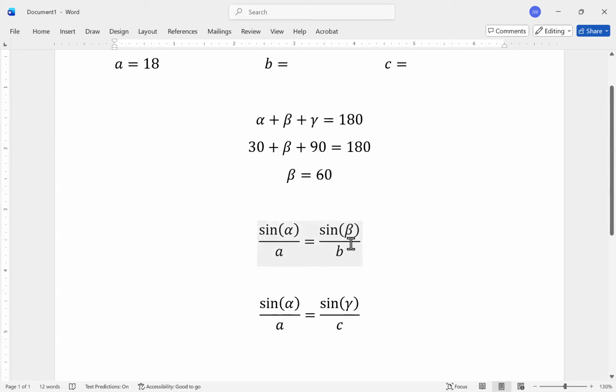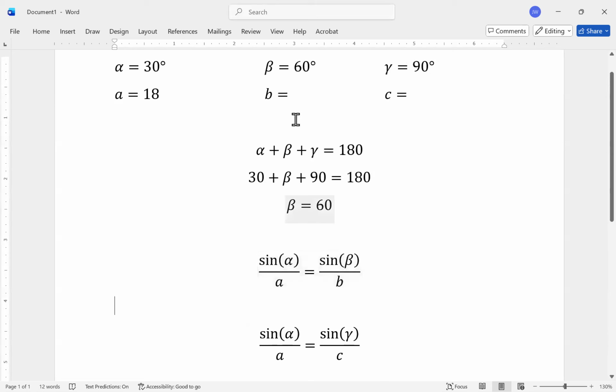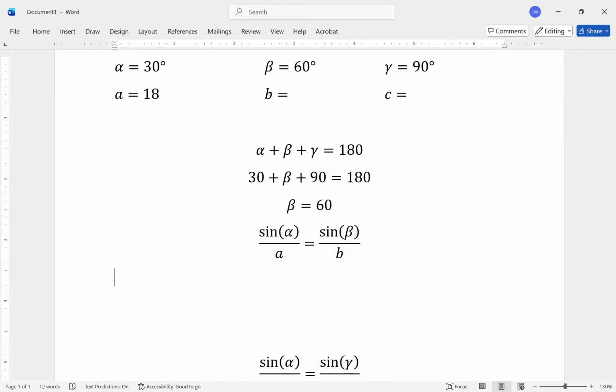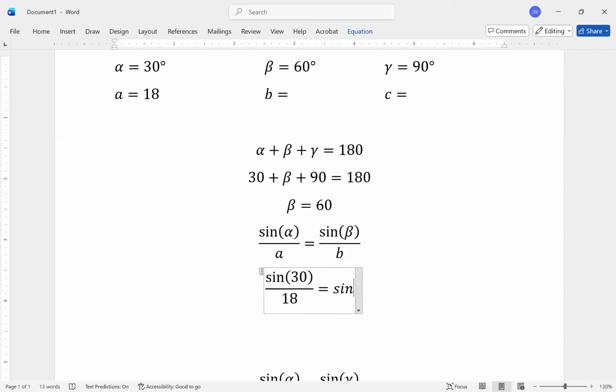So let's find b using the information we're given. Sine of alpha, which is sine of 30, divided by a, which is 18, is equal to sine of beta, which is 60, divided by b, which I don't know yet.